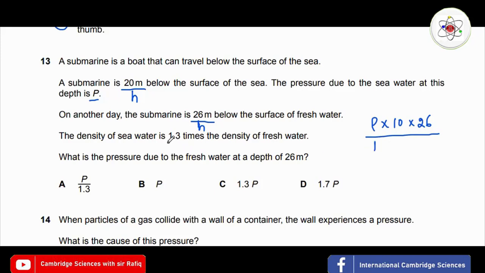And the density of seawater is 1.3 times, so we will write 1.3 rho, 1.3 times the density of fresh water, multiplied by g, 10, and the depth in that case is 20 meter. So if we calculate, we will find the value is 1, so it is equal to the same pressure. All right.